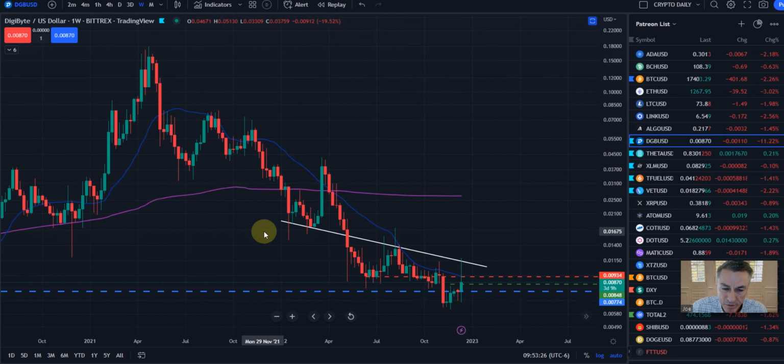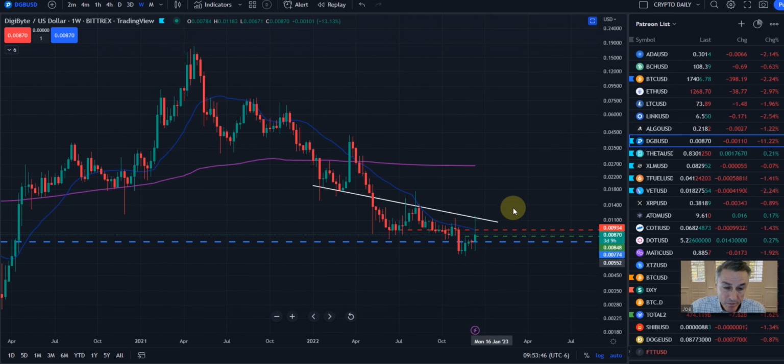So that's a very, very key level in the market for Digibyte. And I couldn't believe, really, when I pulled this chart up, it had this big slam down candle. Of course, all the cryptos did, when that fiasco happened a few weeks ago. And then we started working our way back up. So that was impressive.